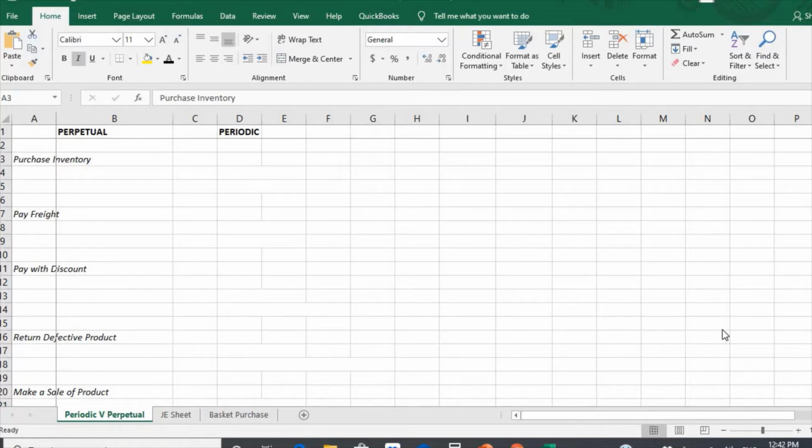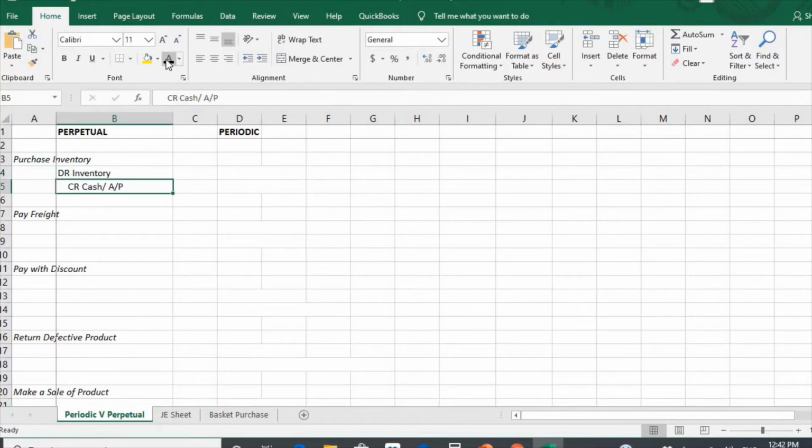Instead, under the periodic system, a series of temporary accounts are created to record changes that happen to inventory. So let's look at how this would go. Let's say we have a company that sells water bottles, and we have now gone out and purchased a supply of water bottles. Under the periodic system, I'm hoping you automatically think of this journal entry.